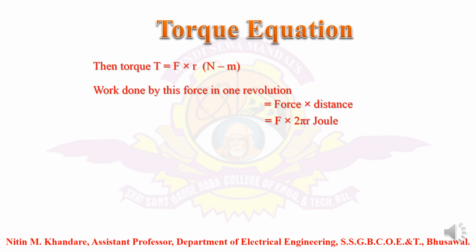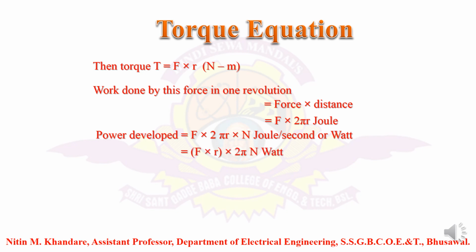Now if we consider the work done per second, then it is defined as the power. That's why the power developed equals F into 2 pi r into n. n is the number of revolutions in 1 second, and its unit is joules per second or watt. So we rearrange that equation in the form of F into r into 2 pi n. F into r we already studied, it is nothing but the torque.